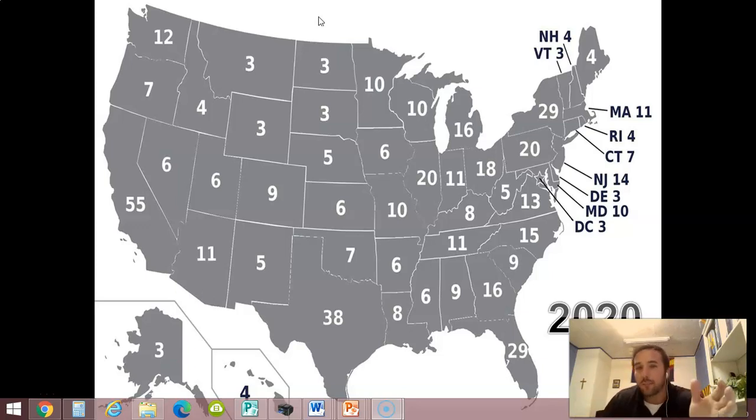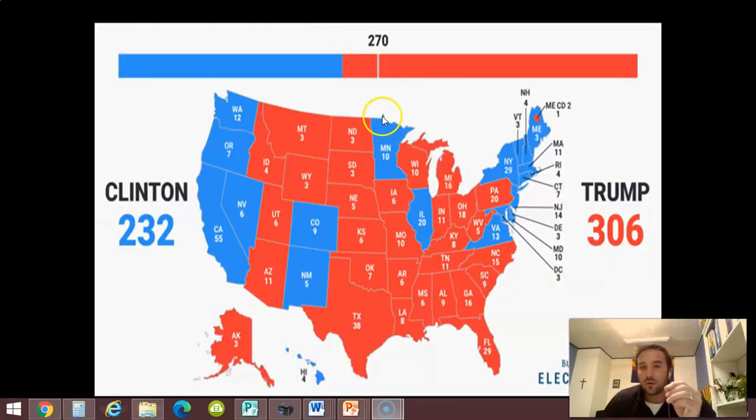I have a map here that I want to show you from 2016. All of you guys were alive in 2016. Some of you guys might not have exactly remembered this election, but here is what happened. Here's a little line here that says 270 wins. Now here's what they did. They kind of had the red start and go that way and the blue start and go that way.